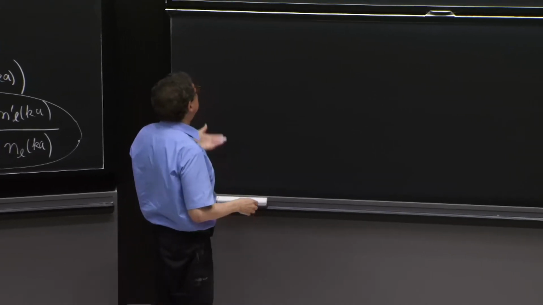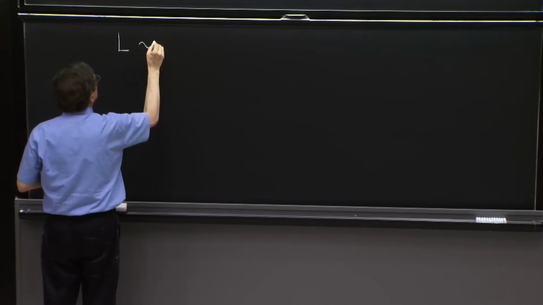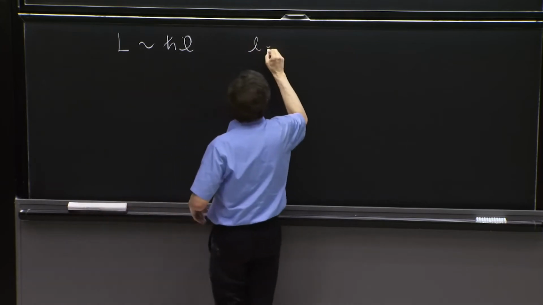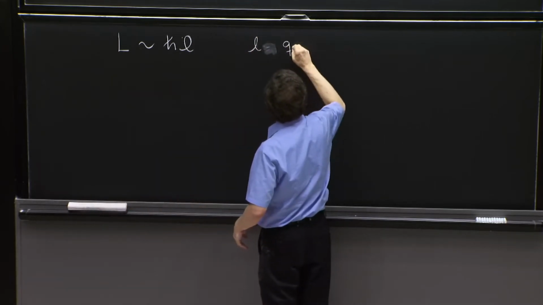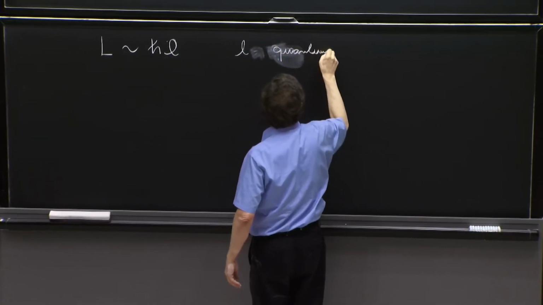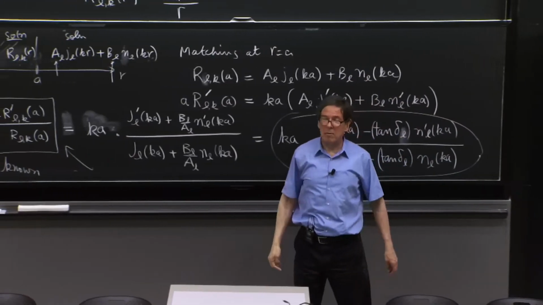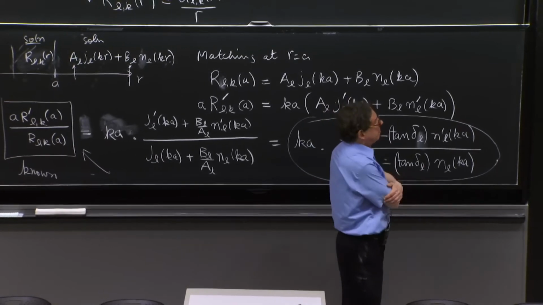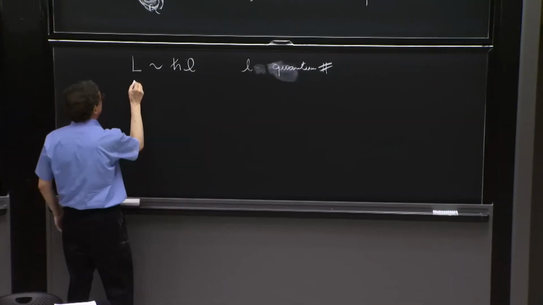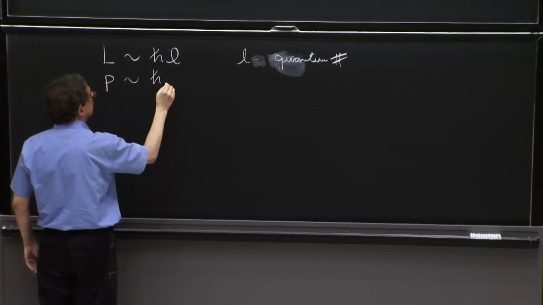So when we consider a little l, we're really saying that the angular momentum is proportional to ħl, where l is the quantum number, the number that we're fixing here each time we talk about a partial wave. Moreover, if we're asking about the momentum, we know what is the typical momentum of these waves. It's ħk.